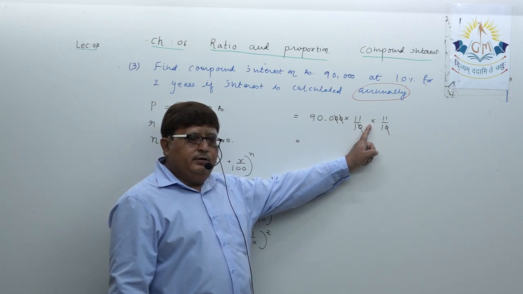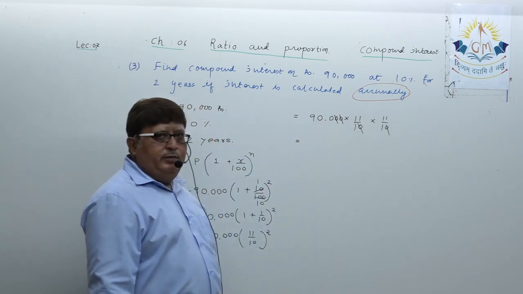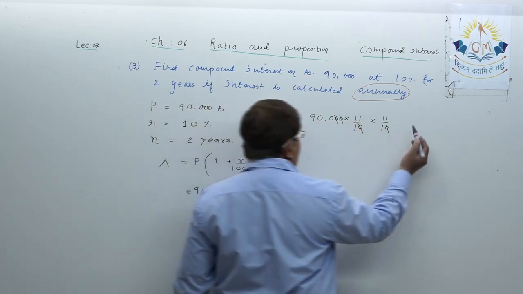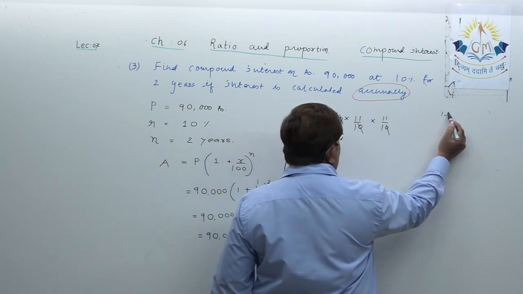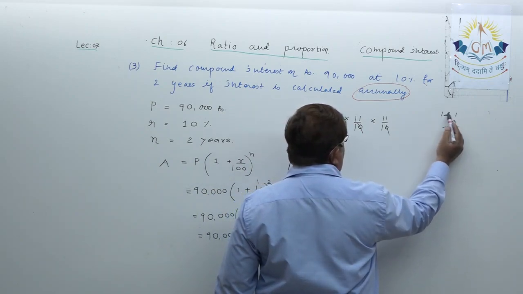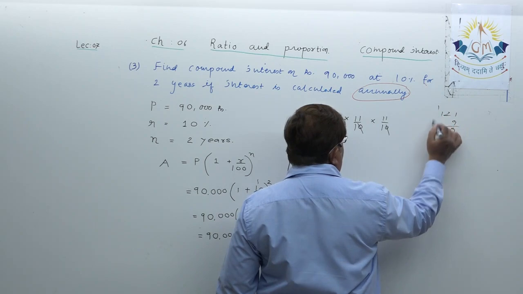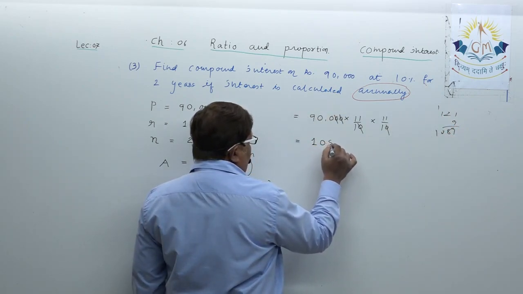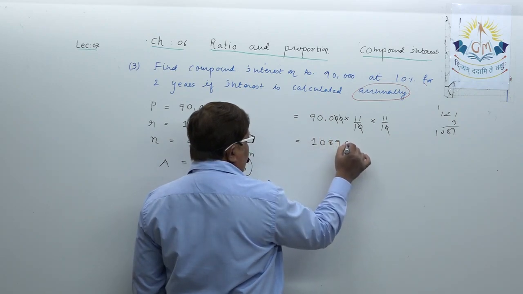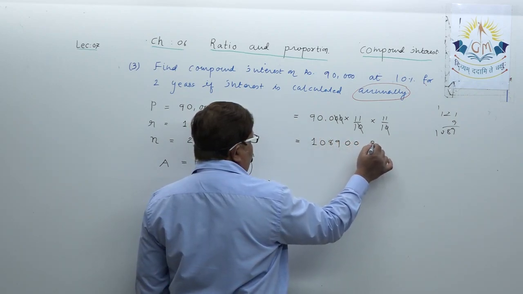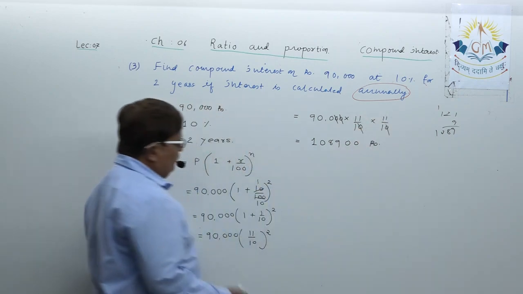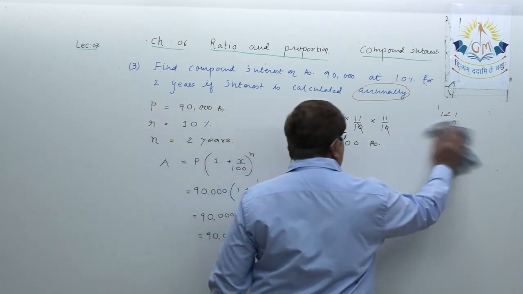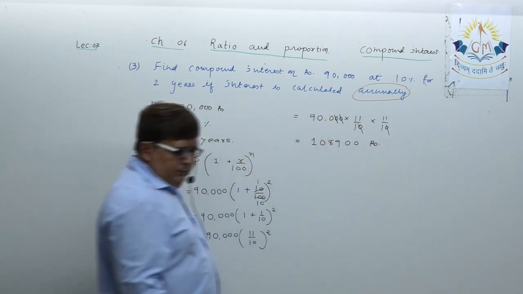Understand? Okay. And just multiply with 9 only. Okay. 121 into 9. Simply, dear student. 9 times 9, 9 to the 18, 9 times 9, 1089, okay, 8, 9, 2 more 0, these are the rupees. So this is the compounded amount you got.